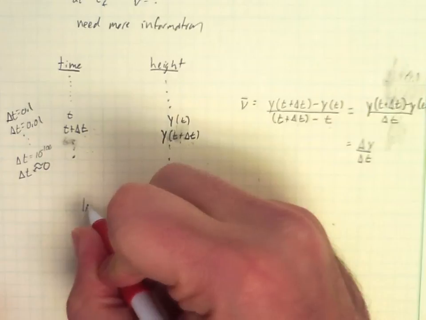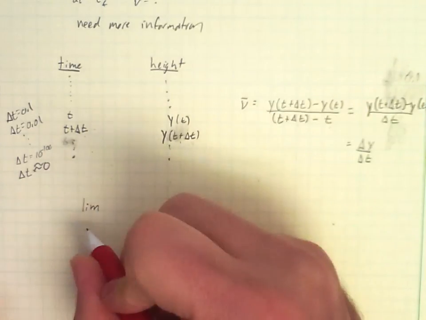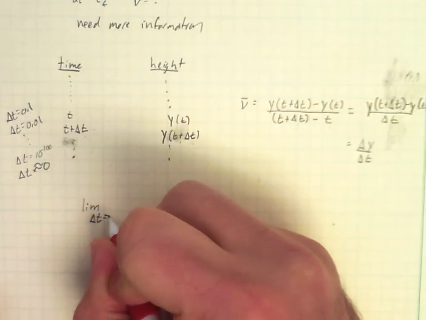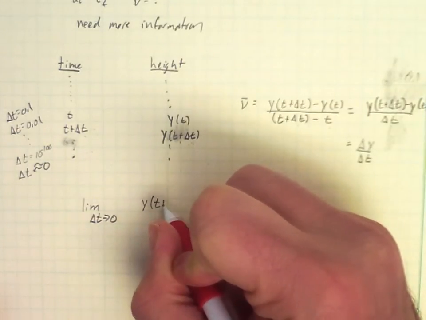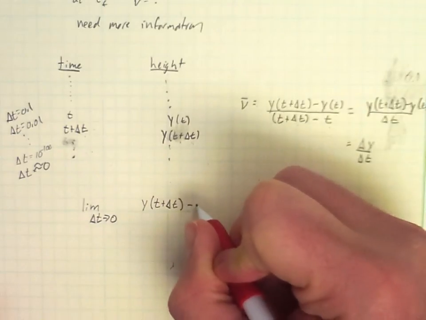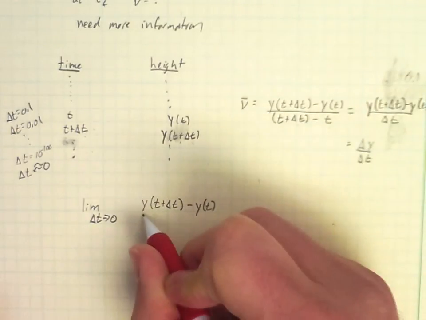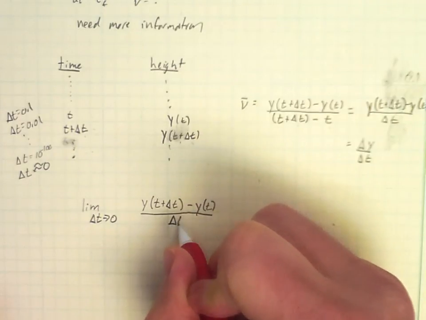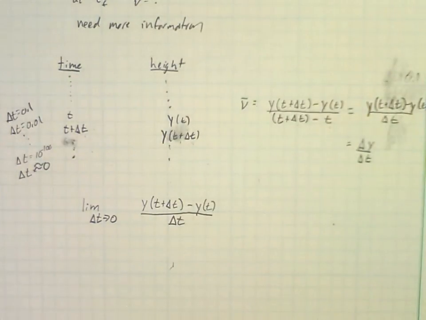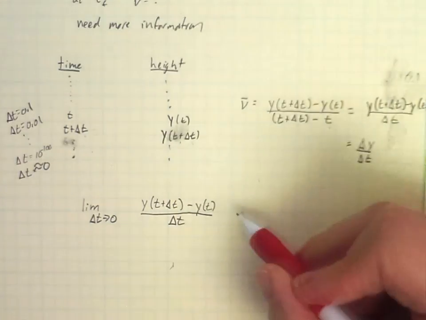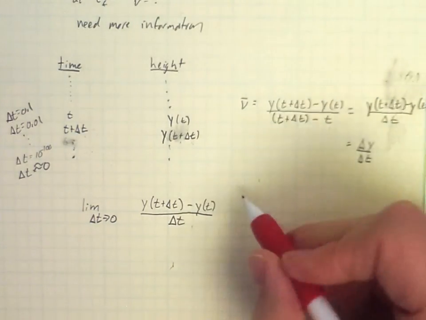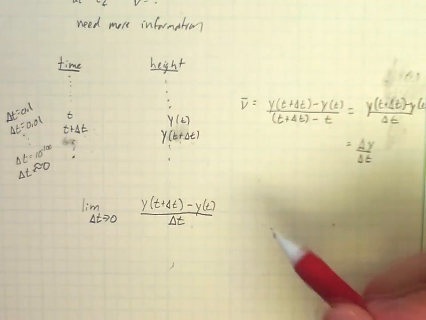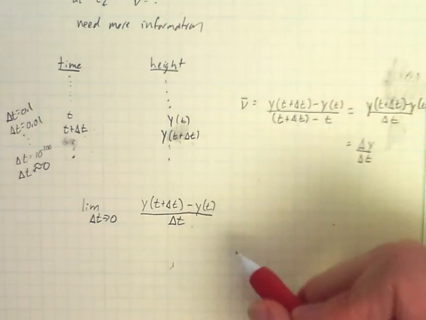So what is the limit as delta t goes to 0 of y of t plus delta t minus y of t over delta t? Well, we know we can't just plug in 0 because we get 0 in the denominator, and that falls apart. So what we actually get is that as this goes to 0, we have what we call a new function.